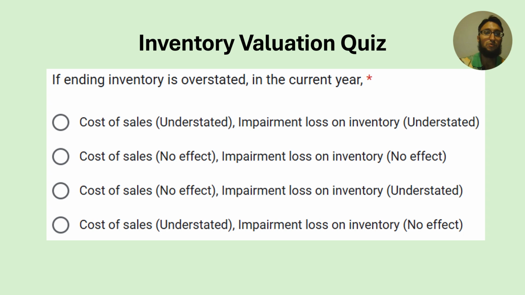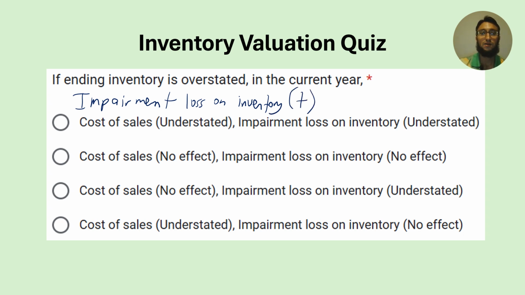So if I am supposed to record impairment loss on inventory account, and we know that this impairment loss on inventory account is an expense, we are supposed to increase this account. If we do not increase this account, then the impairment loss on inventory account is understated or it is too little.